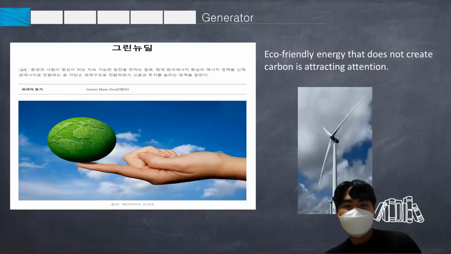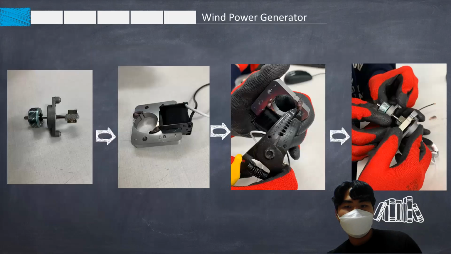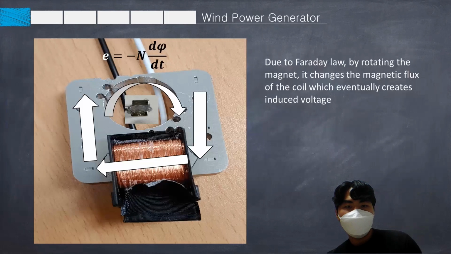Also, eco-friendly energy that does not create carbon is attracting attention these days. So we made a wind power generator. We used some glue guns and some magnets, and we were able to make a wind power generator.